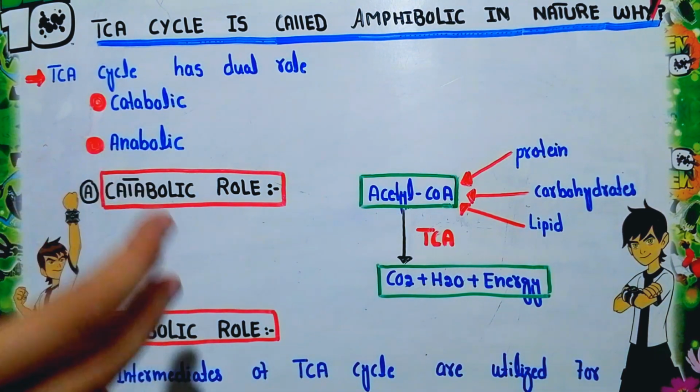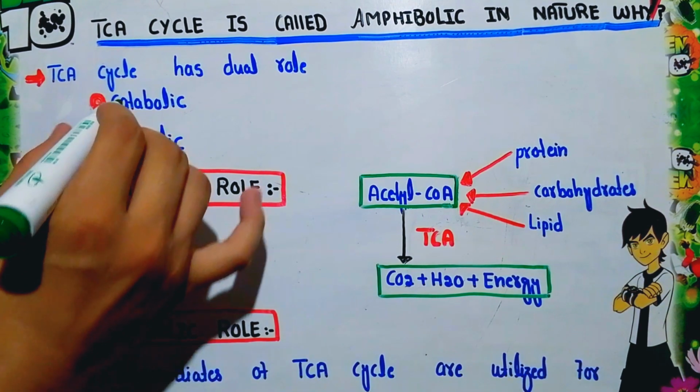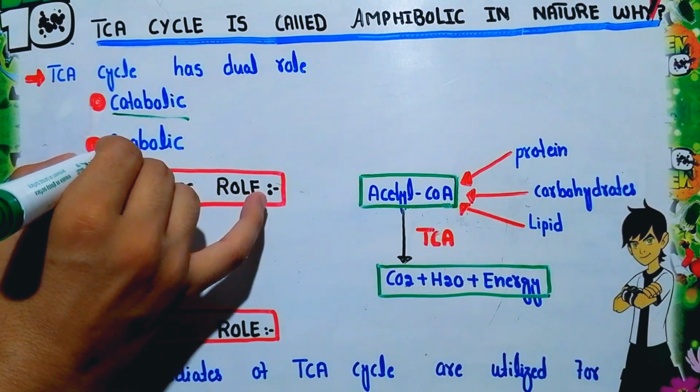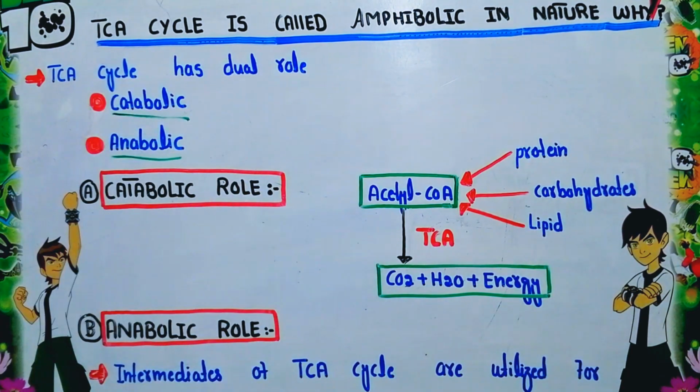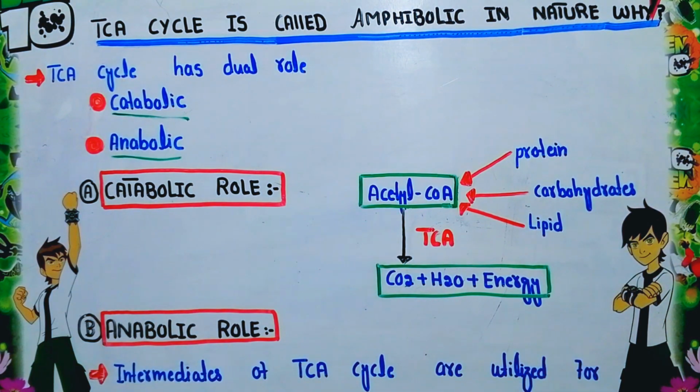The first is a catabolic role. The second is an anabolic role. What do these mean? In catabolism, the breakdown of molecules occurs, and the main purpose is to liberate energy.